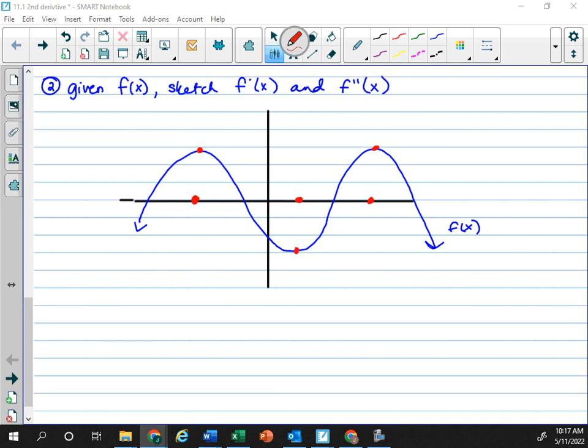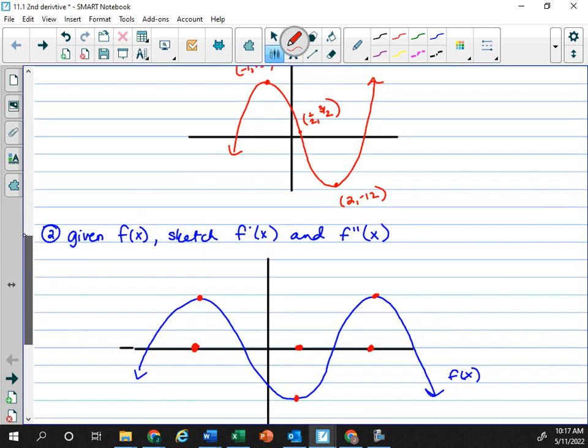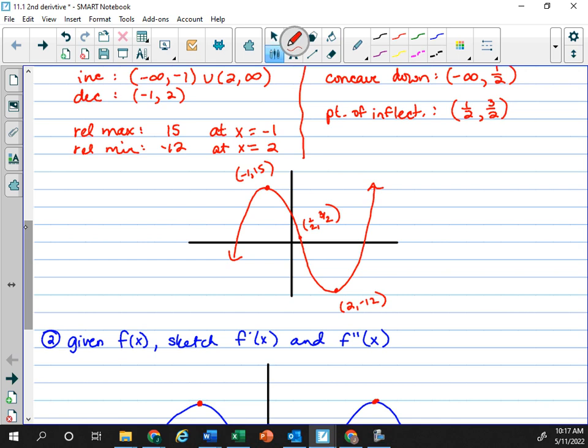I was just trying to find the point of inflection. Well, what did you notice about the point of inflection up here? How does it relate to the -1 and the 2? Oh, it's supposed to be like the halfway.